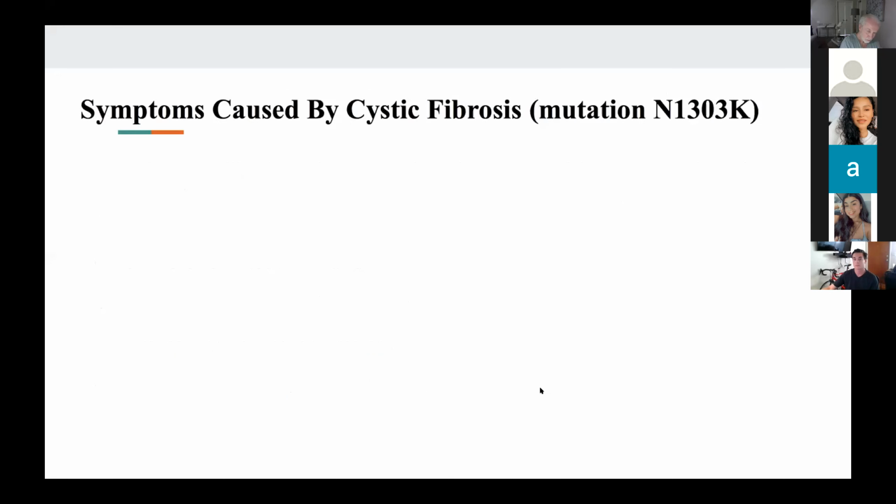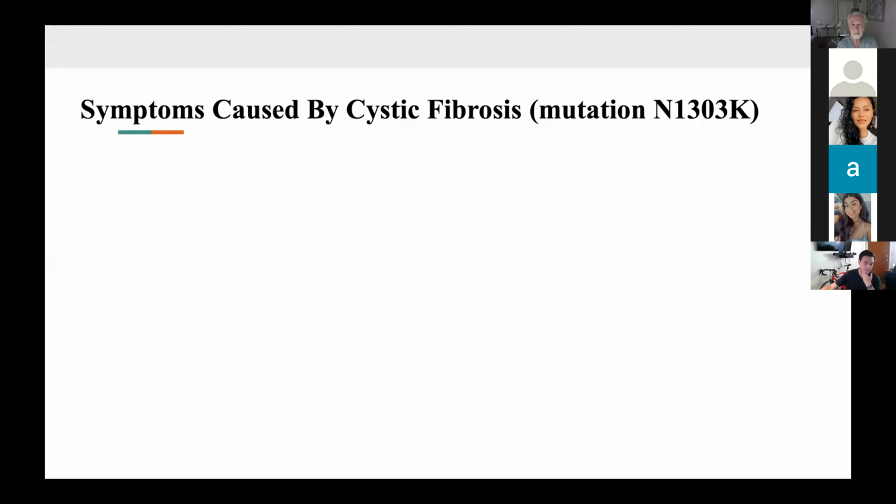Symptoms caused by the cystic fibrosis mutation N1303K. Upon doing my research, I came across the fact that no matter what mutant of cystic fibrosis someone had, those infected showed similar symptoms. Not many people know, but cystic fibrosis affects both the respiratory system and digestive system.